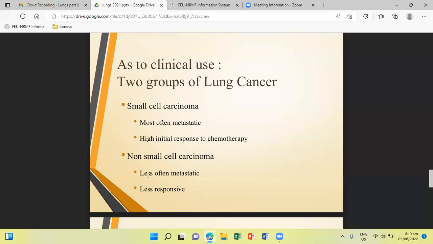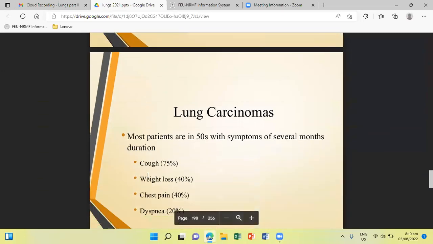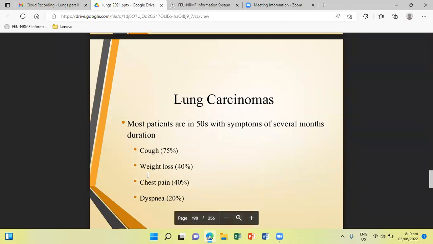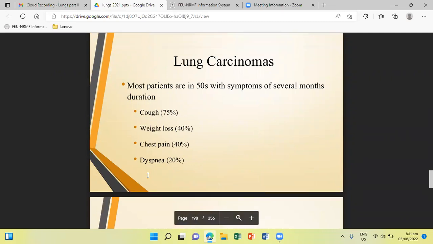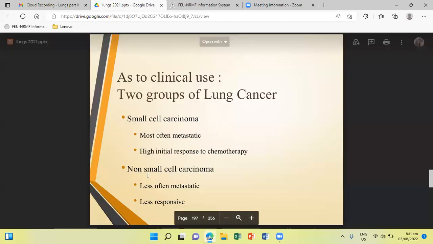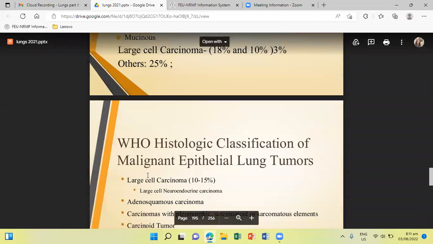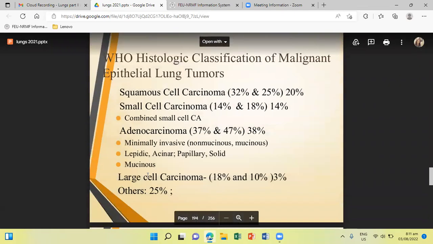Okay. Now, that being said, you as the clinician will have to take a look at the patient. And of course, these are the most common manifestations that you will more likely see. So the lung carcinoma can then be, after the tissue biopsy is done, our intent is for the pathologist to classify it histologically.